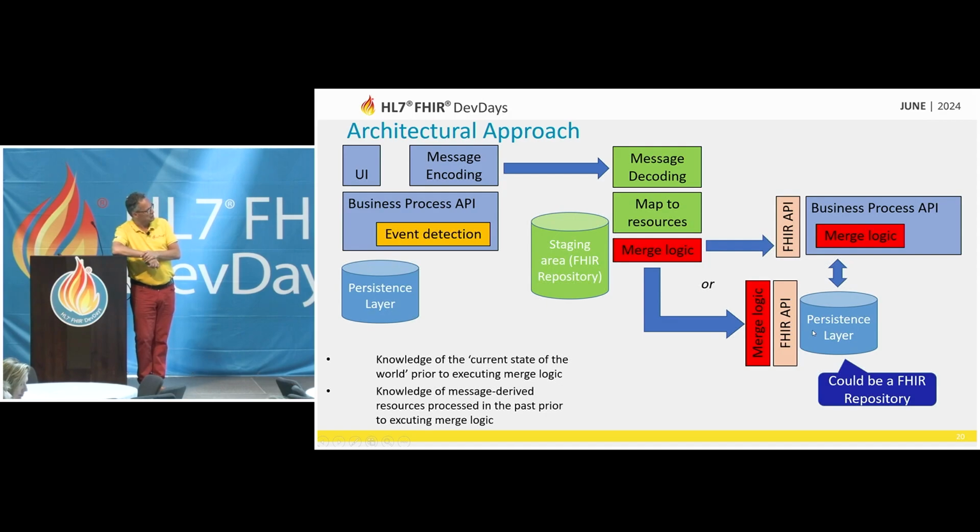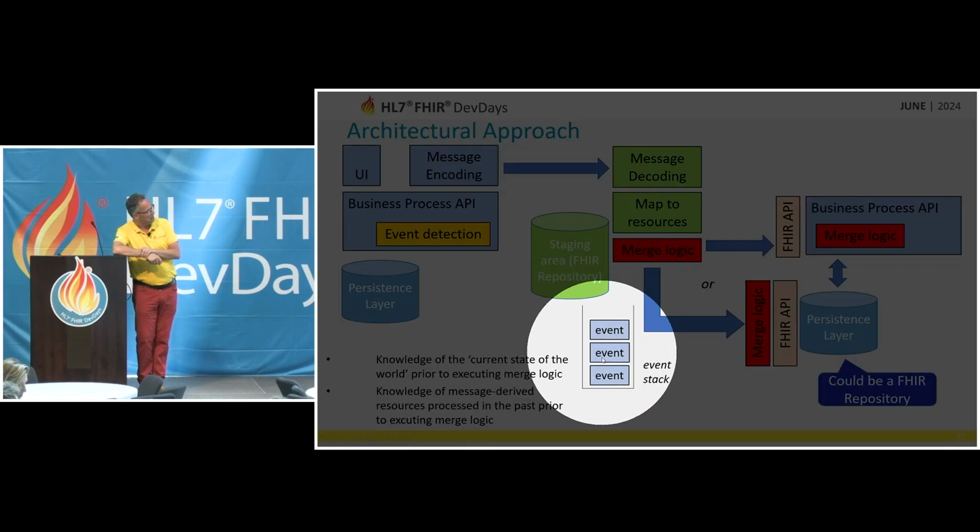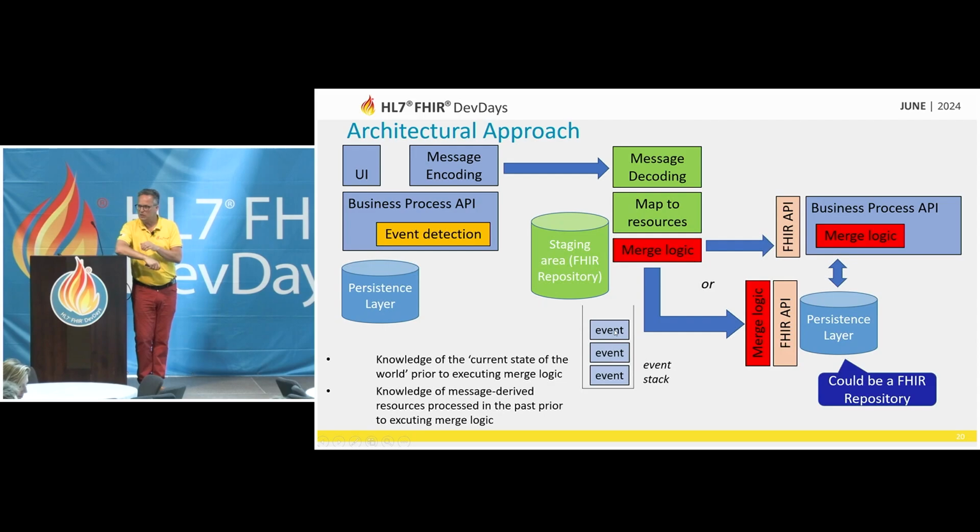Because what they do is, it's a bit like Kafka, they maintain a list of events, trigger events in version 2 in this specific case, over time. And that means that you can also do event replay, or if messages were received in the wrong order, you can undo and redo. So that creates even more power in what you're able to do as a translation agent. But it's not a simple transaction anymore.